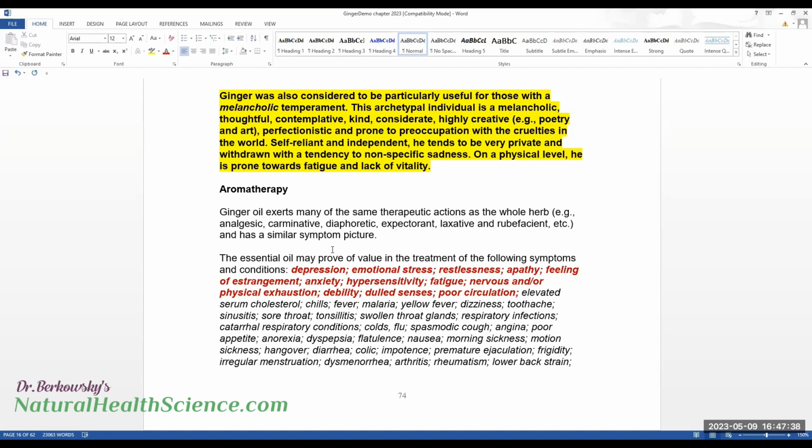All of a sudden, they're developing circulatory issues, starting to become very hypersensitive because of the anxiety. They're starting to feel estranged from everything. They're becoming very restless and depressed. Eventually, depression leads to a type of apathy, and now they're becoming more and more exhausted. This is your failed state. So the person is going from the success state to the failed state.